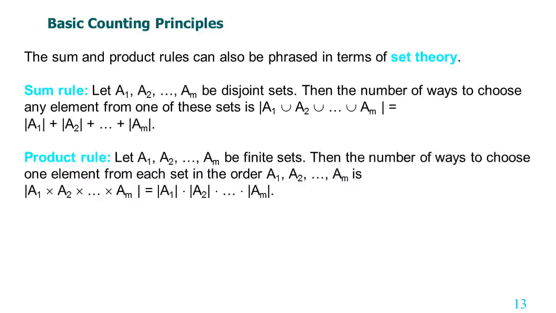We can express the product rule using the Cartesian product. If A1, A2, A3, up to AM are finite sets, then the cardinality of A1 cross A2 cross up to AM is equal to the cardinality of A1 times the cardinality of A2, dot dot dot, times the cardinality of AM. Here we use the sum rule, and here we use the product rule.